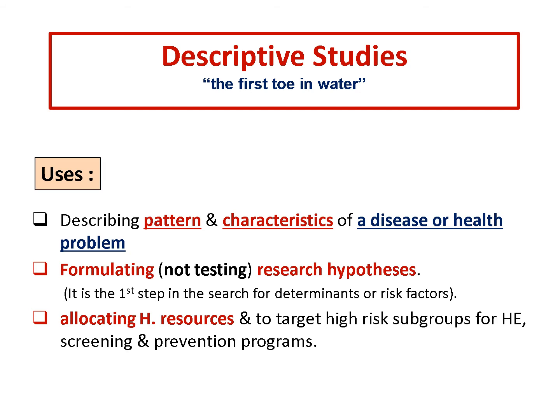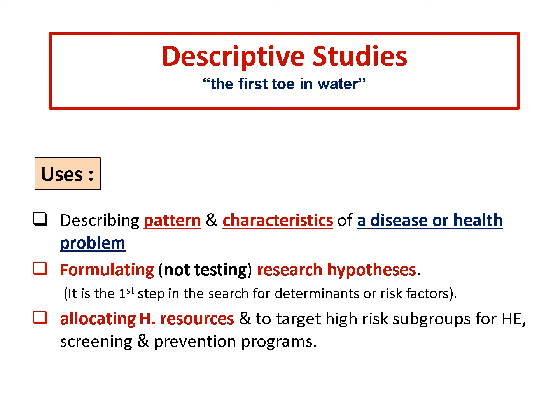So first of all, the descriptive study, which is the first topic. What are the uses of descriptive study? As we say, descriptive study, from its name, is to describe the pattern and the characteristics of a disease or health problem. Number 2, to formulate, not testing, only to formulate, just like a suggestion, the research hypothesis.